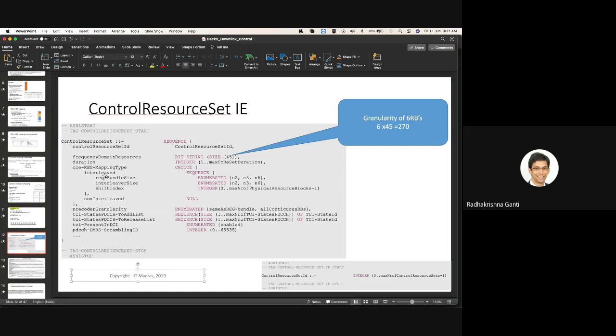If interleaved, it gives you the bundle size: 2, 3 or 6. Not all sizes are possible because they have to divide 6. Interleaver size is the number of rows: 2, 3, 6. And shift index is the parameter there. Shift index means everything gets shifted a little bit, but let's not worry about that right now; it is not too important at this point. Any questions on this?